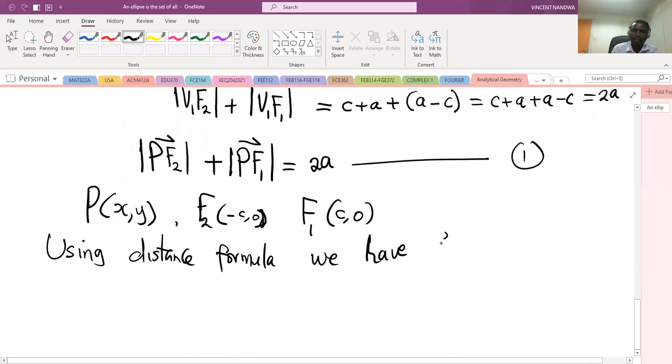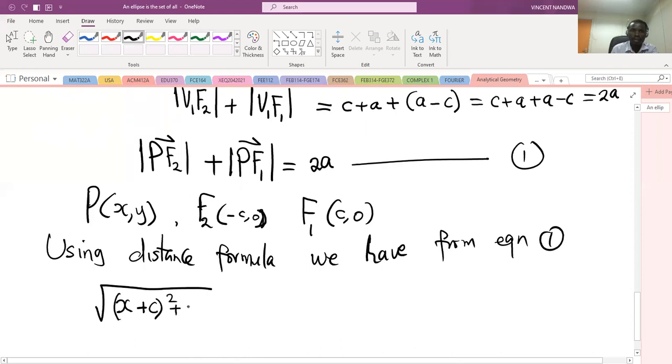We have from equation 1: the distance from P to F2 will be the square root of (x minus negative C, so plus C) squared plus (y minus 0) squared, plus the distance from P to F1, which will be the square root of (x minus C) squared plus (y minus 0) squared.